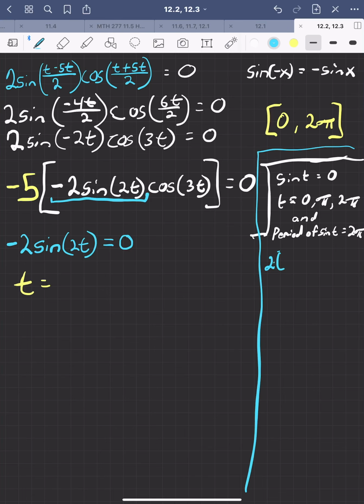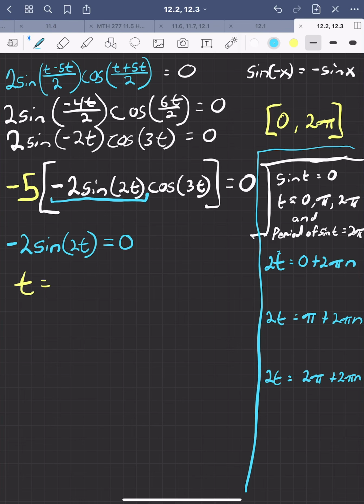take 2t, set that equal to 0 plus 2 pi n. I want to take 2t, set that equal to pi plus 2 pi n. And I want to take 2t and set that equal to 2 pi plus 2 pi n.